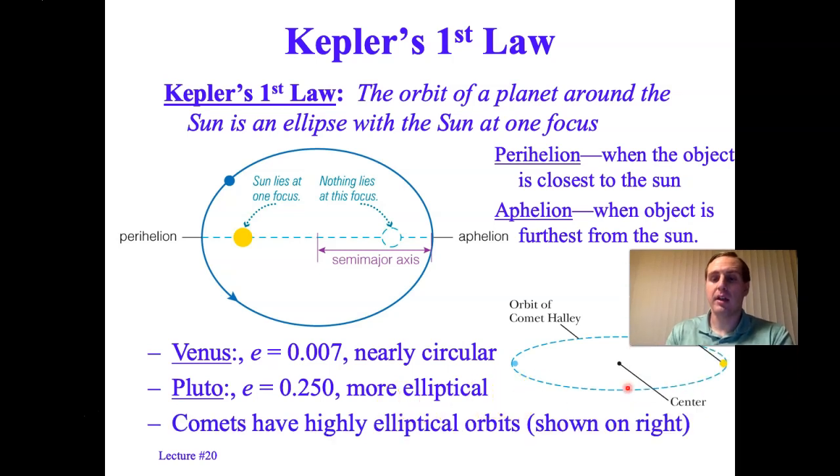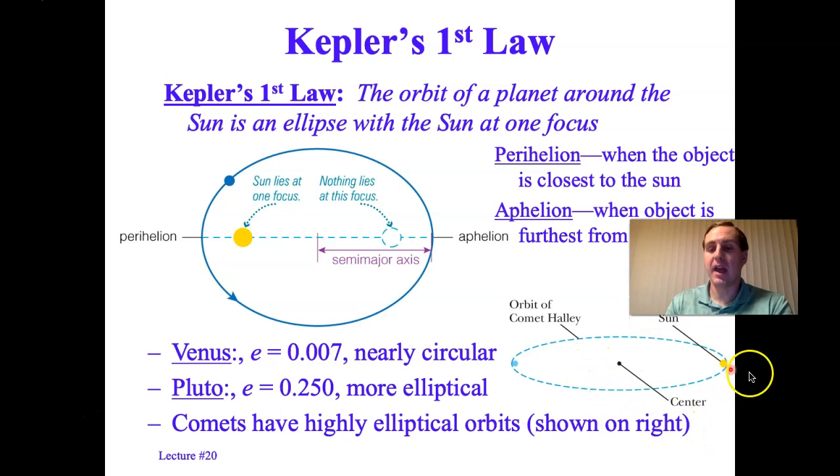Now, by the way, also comets have highly elliptical orbits, even more elliptical than Pluto. Notice that here's Halley's Comet. Notice that Halley's Comet has an eccentricity of over 0.95. That is to say, it's moving in a very, very elongated orbit, which is very narrow and has its foci very stretched out.